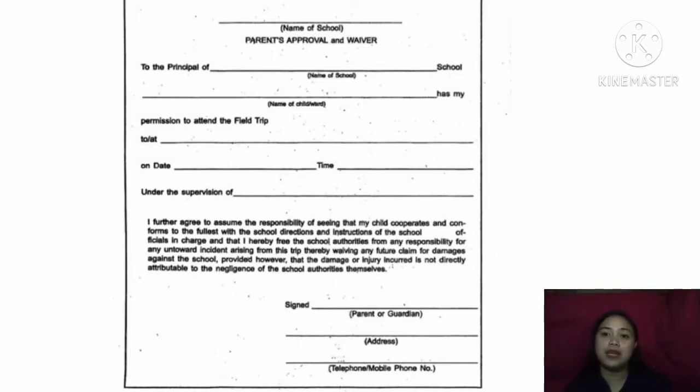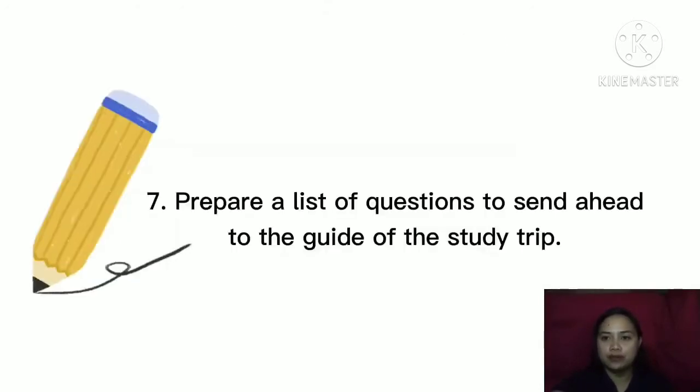At least in the permit slip they can see the reason for the field trip. Then, the signature or printed name of the parent or guardian.